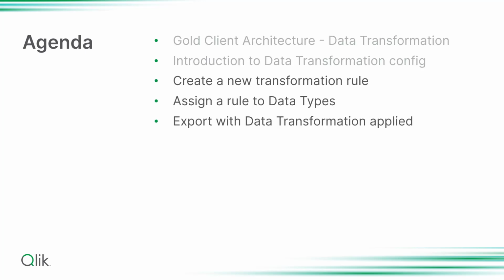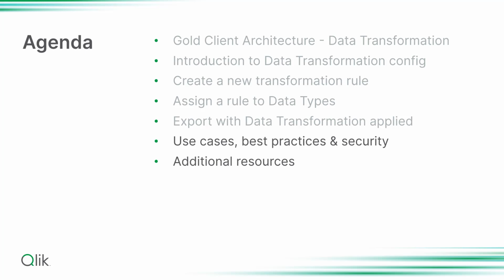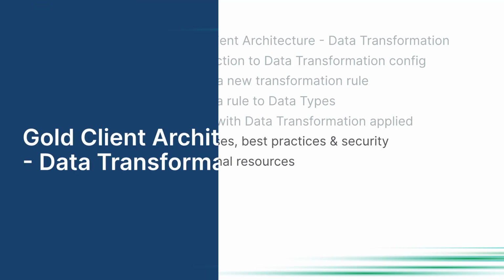The second video will show how to create a new transformation rule and how to assign data types to it. I will then initiate an export and share some relevant content regarding this process. In the final video, the focus will be on use cases, best practices, including some security-related details, and where to locate additional resources that should be used to supplement the content shared in this video series.